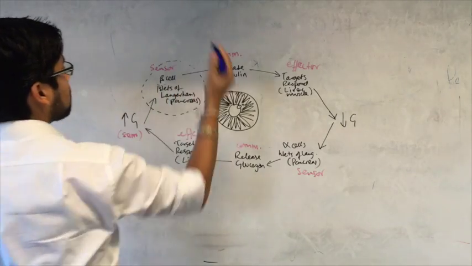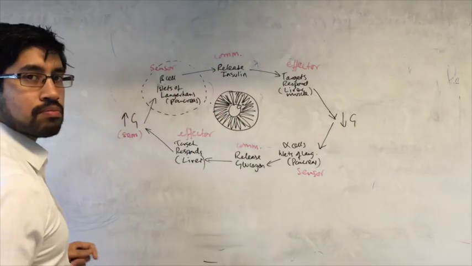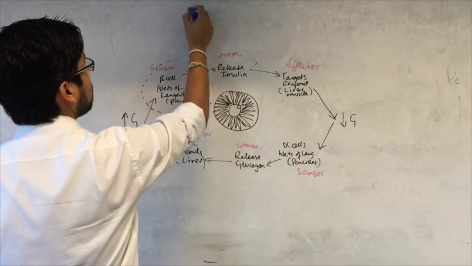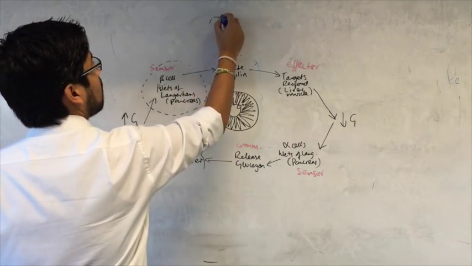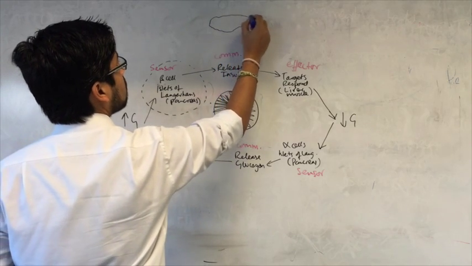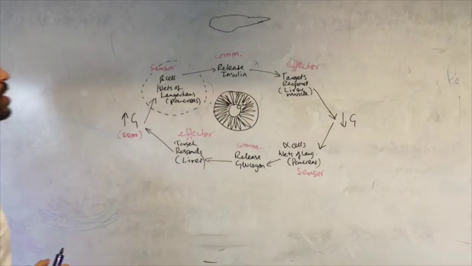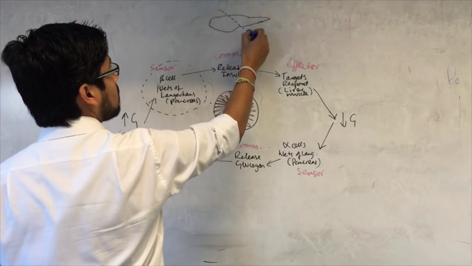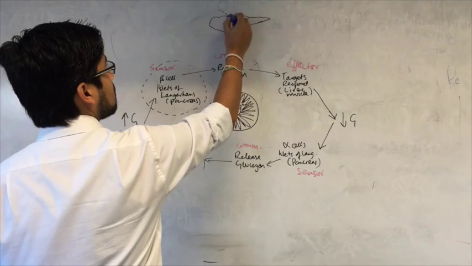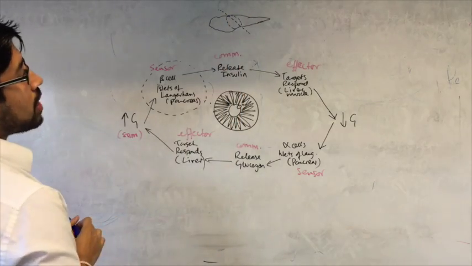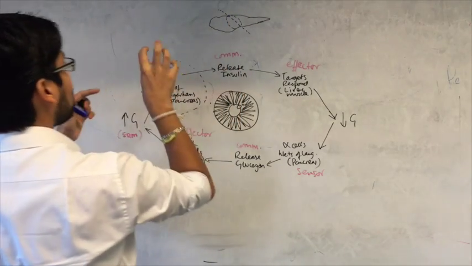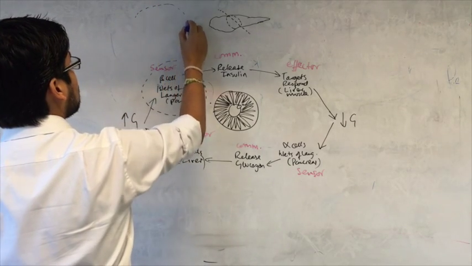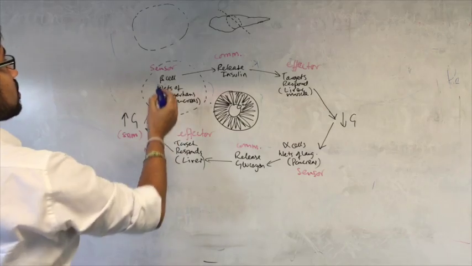If we have the pancreas, a leaf-shaped organ, and we cut across it and look at a cross-section of that organ, what would we be looking at if we zoomed in?